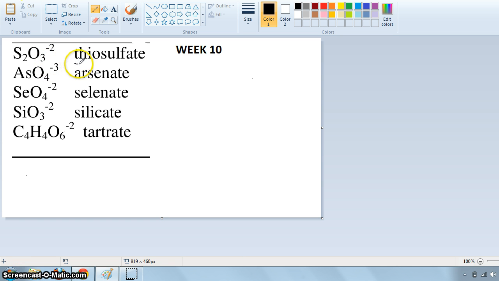Thiosulfate is, there's that prefix thio again, so remember thio means sulfur, but this is thiosulfate, and this is a trick that's sort of helpful but sort of not, because if you say, well, that's sulfate, SO4, -2, so we have thio means sulfur, and sulfate.